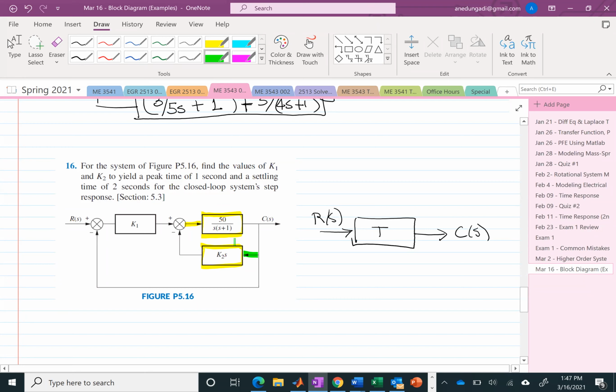So please be very careful. These two blocks are not parallel, they're the feedback form. This is the standard feedback form.